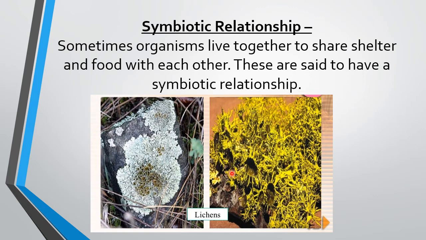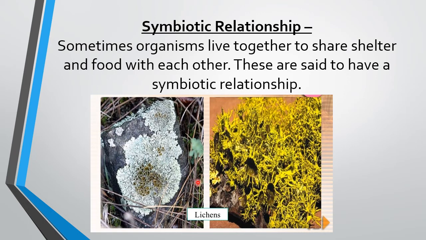Lichens, you can see, are composed of fungus and algae. The fungus is a saprophyte and the algae is an autotroph. Autotrophs, we know, can prepare their own food.